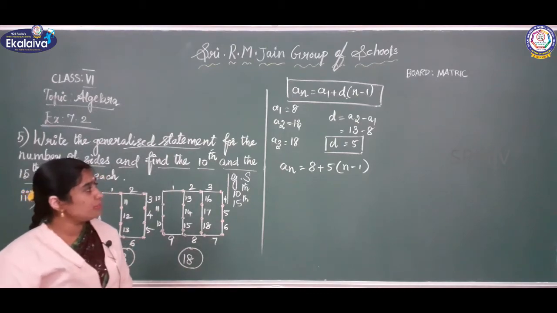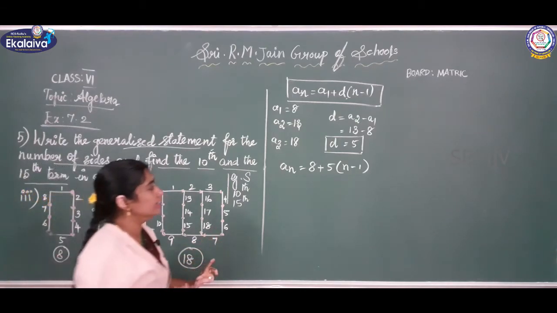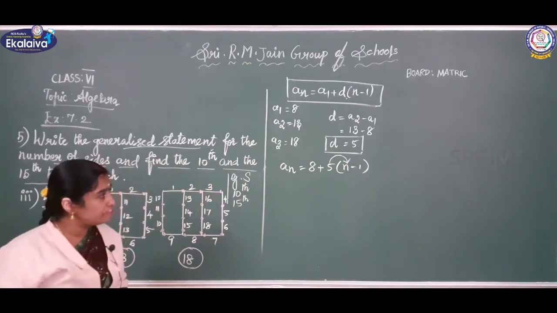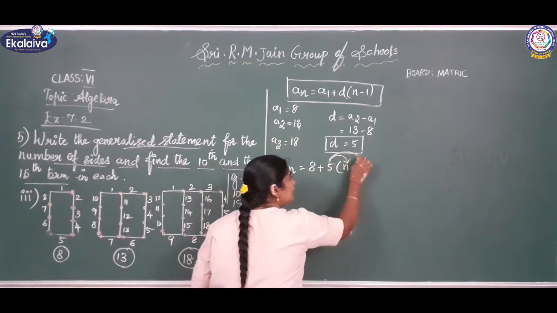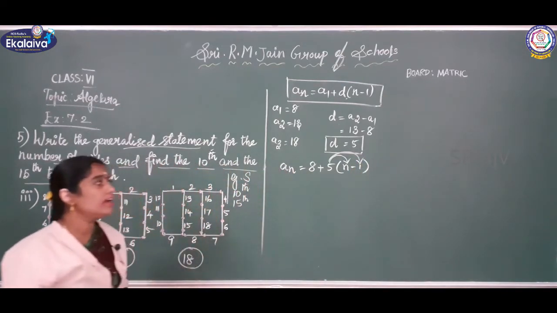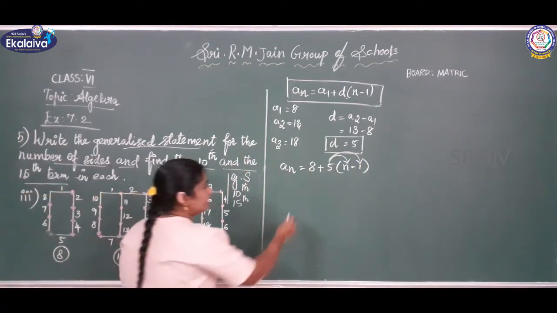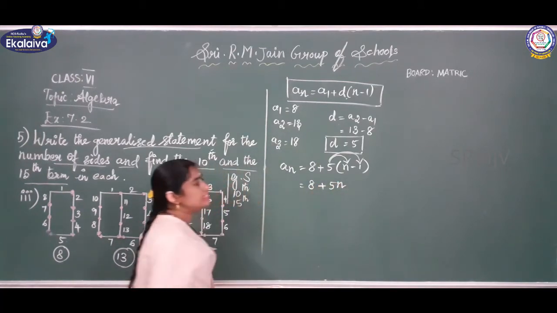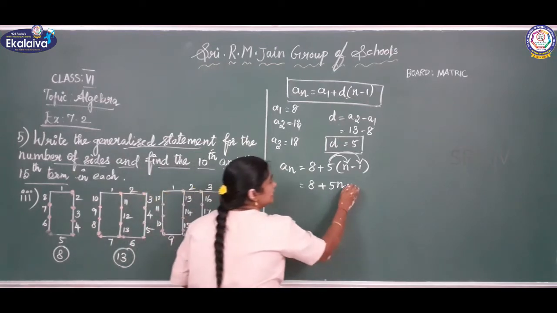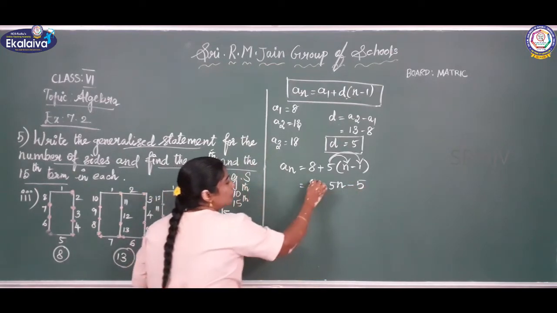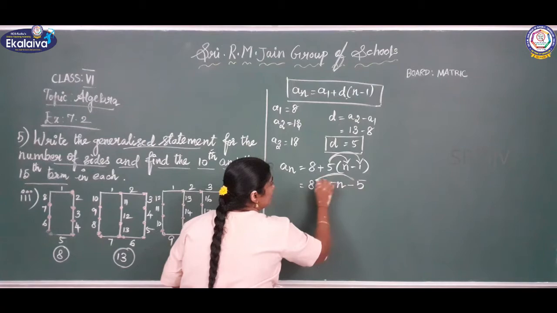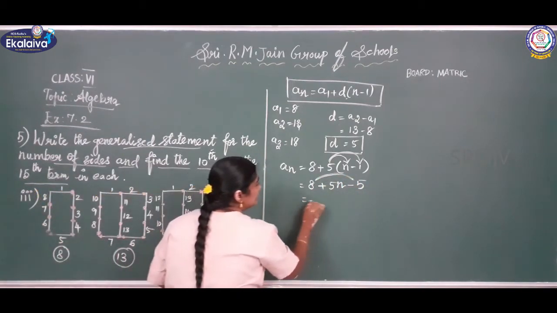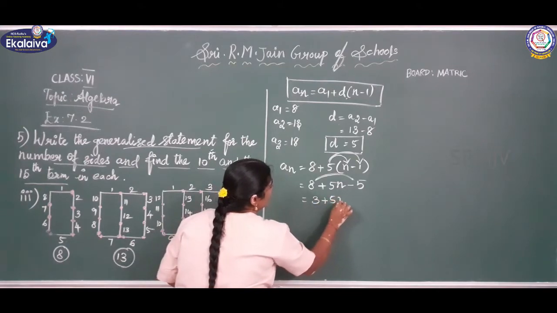I am substituting a1 and d here. Now 5 into n is 5n, 5 into minus 1 is minus 5. So 8 plus 5n minus 5. Now you can subtract: 8 minus 5 is 3, plus 5n.